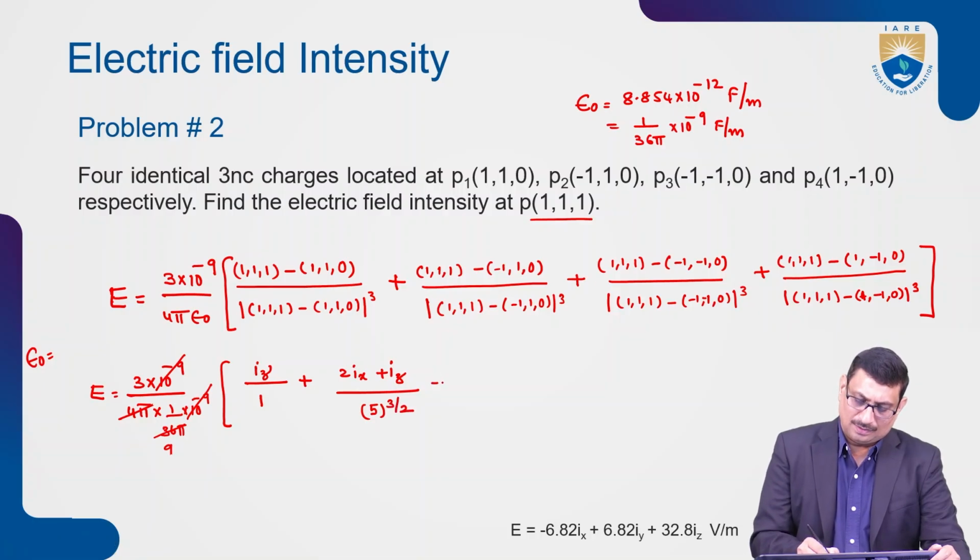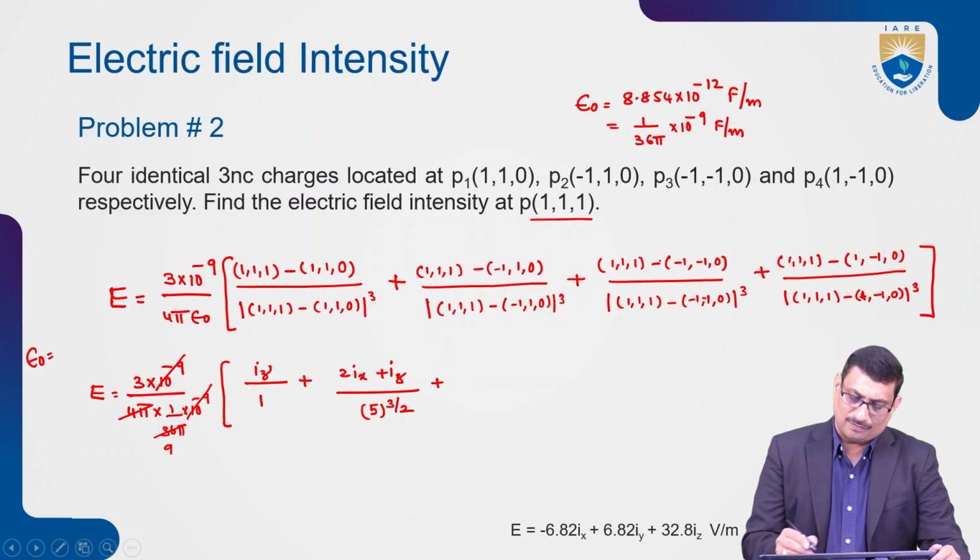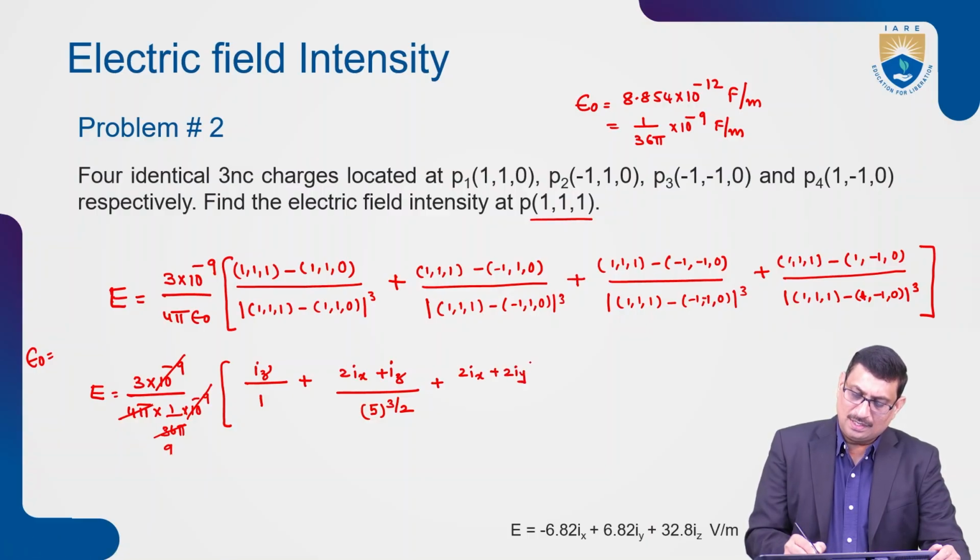And the third one, (1, 1, 1) minus (-1, -1, 0): 1 minus of minus 1 is 2Ix, 1 minus of minus 1 is 2Iy, 1 minus 0 is Iz, divided by square root of 2 square plus 2 square plus 1, which is 4 plus 4 plus 1, 8 plus 1, 9 whole power of 3 by 2.